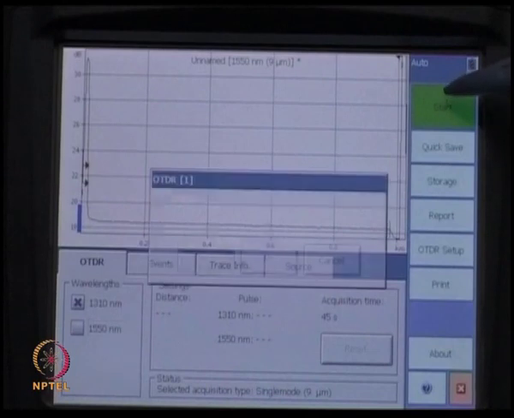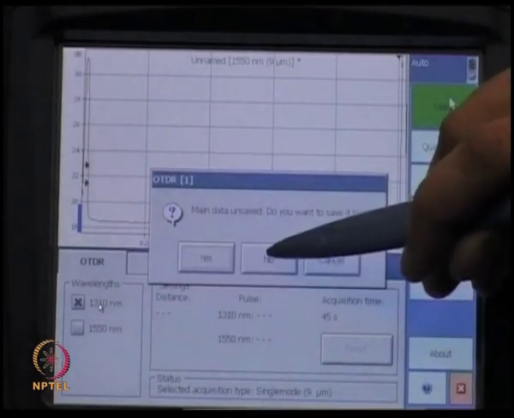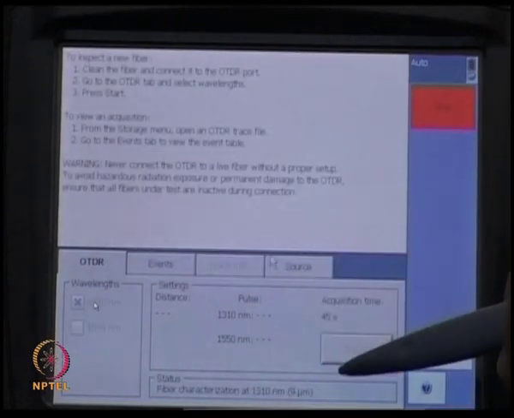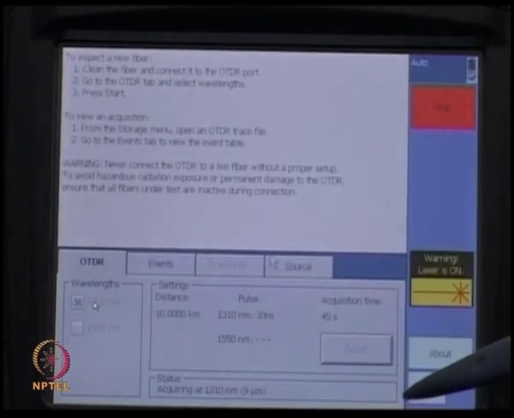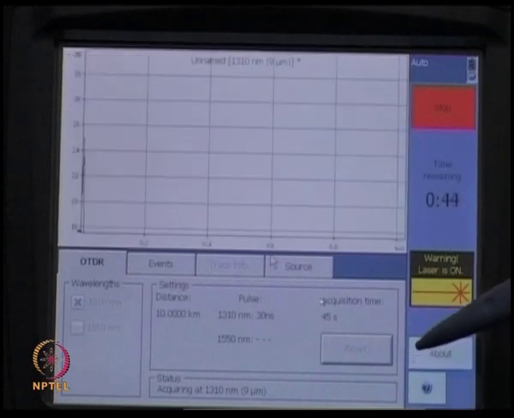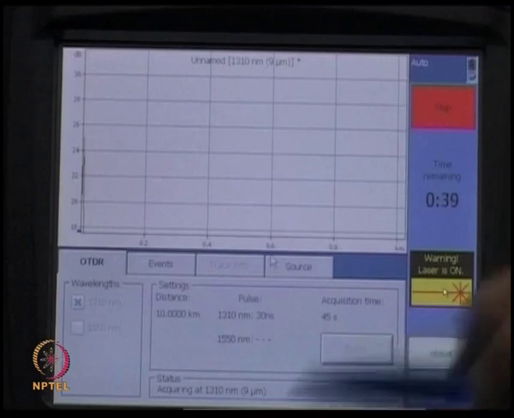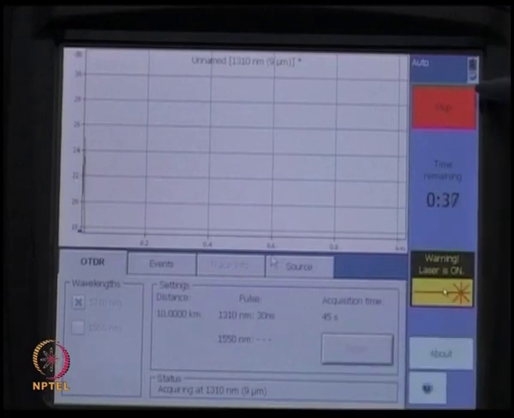And we can press the start button. And this shows that now the light source is on. So, the optical pulses are launched inside the optical fiber and the reflected light is integrated and measured.